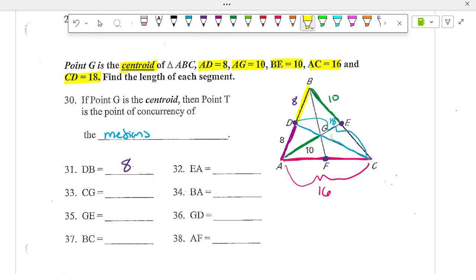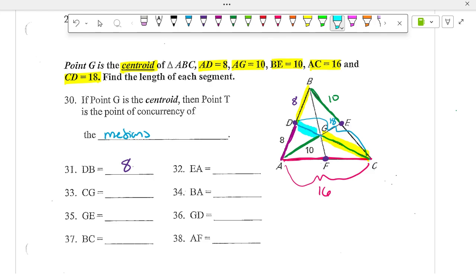CG, which is right here. So this is on one of the medians, and they told us the whole median is 18. So that means we're using one of those formulas. Does that appear to be the larger piece of the median or the smaller piece? The larger. So let's start by finding the smaller piece first, which is GD, which is right here.